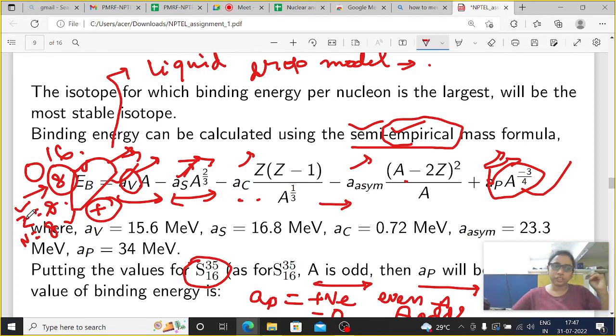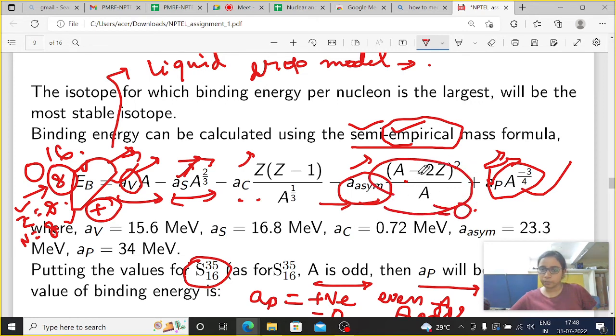So if the neutron number is the same as the proton number, then there is a symmetry between neutron and proton number. For that type of nucleus like oxygen-16, the asymmetry term, A minus 2Z whole squared divided by A, will be 0, because 16 minus 2 into 8, that means 16 minus 16, will be 0.